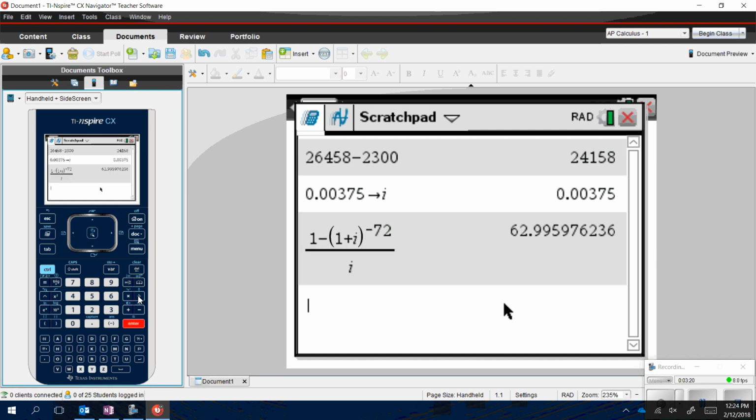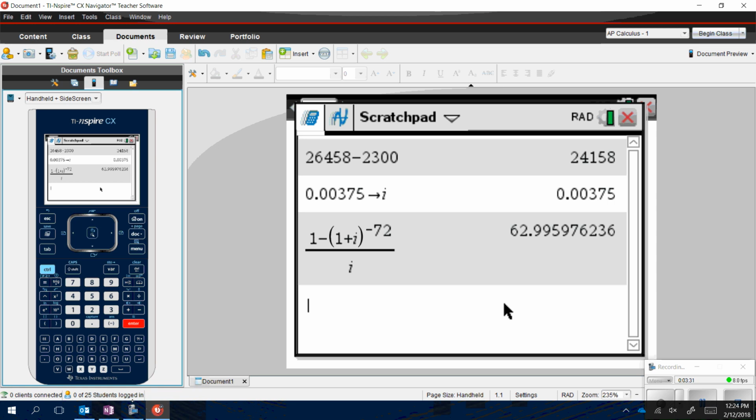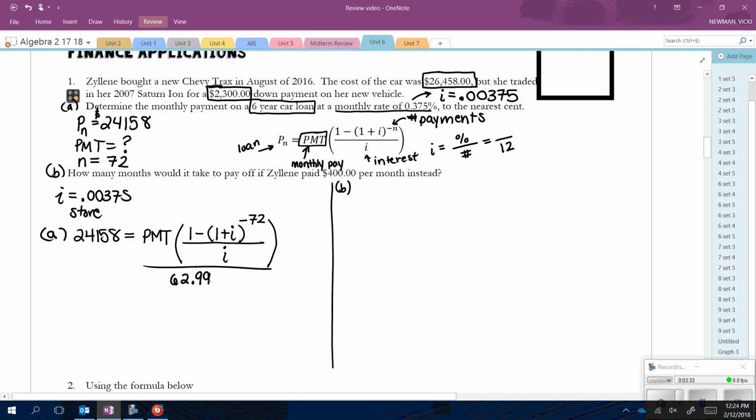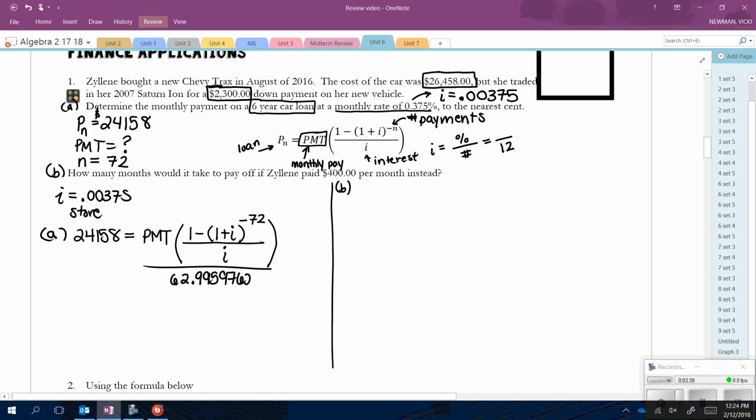I get that crazy number. And really, I'm just going to have to divide by that crazy number. So divide by 62.9959 76236 on both sides. So let's figure out what our payment would be.